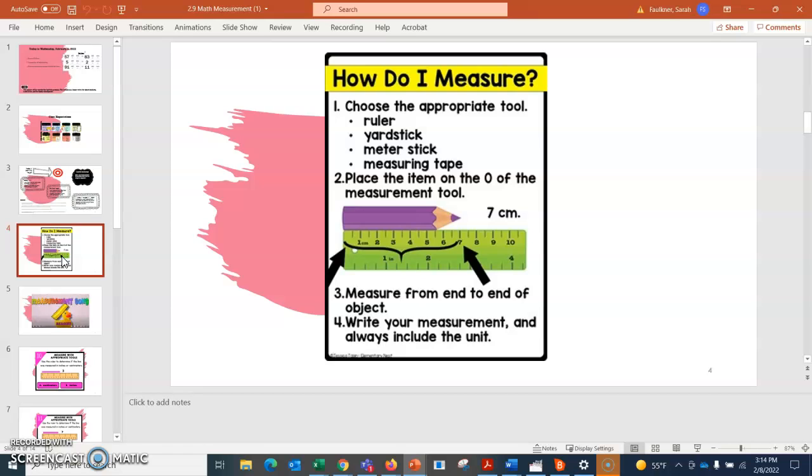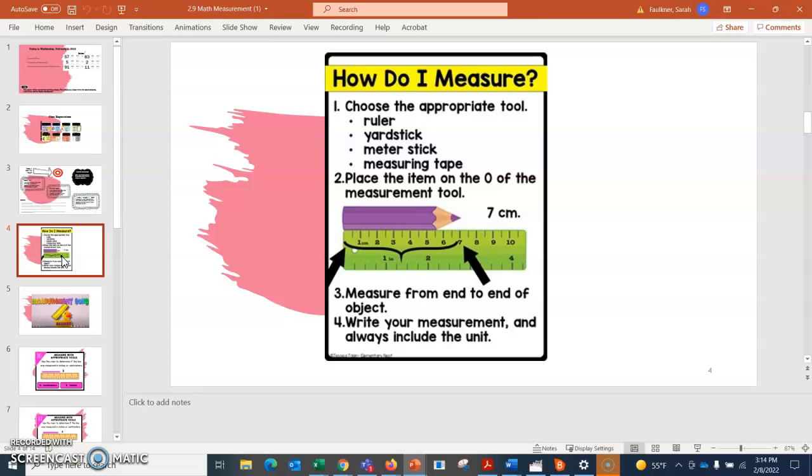The next thing is you want to use units. So there's different units we use to measure. There's centimeters, there's inches. Centimeters is represented by cm, inches is in. And you'll learn about meters and feet and yards. There's all different types of units of measurement, so it's important to make sure those units are added to your answer because 7 centimeters is very different than 7 feet.